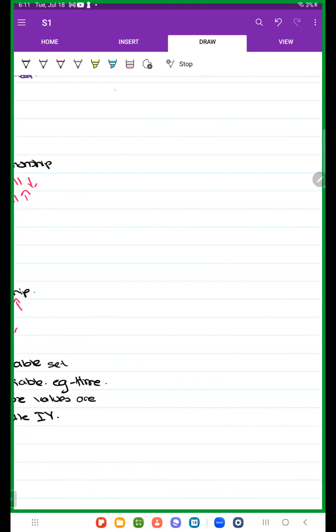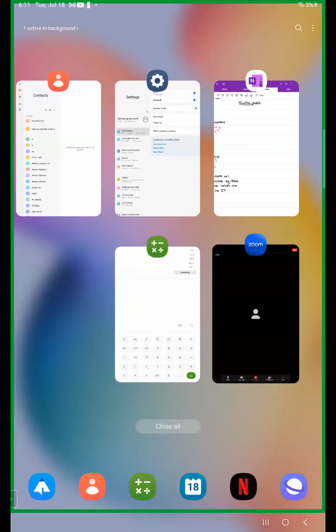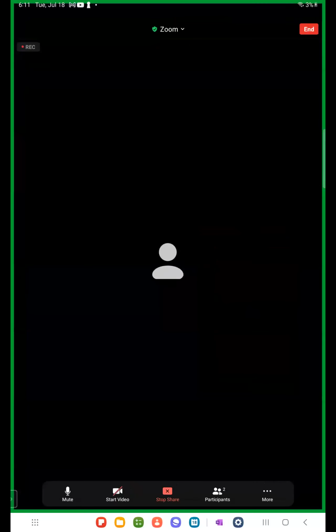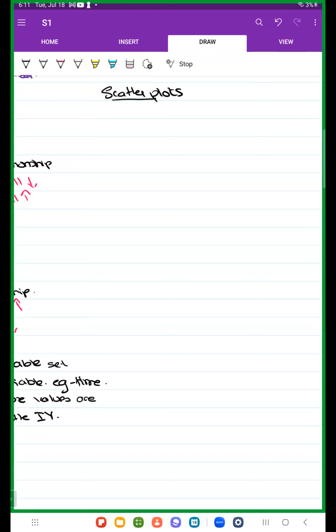Through scatter plots you can represent data where the diagram shows the results from an experiment. Scatter plots will show you the correlation between the variables.